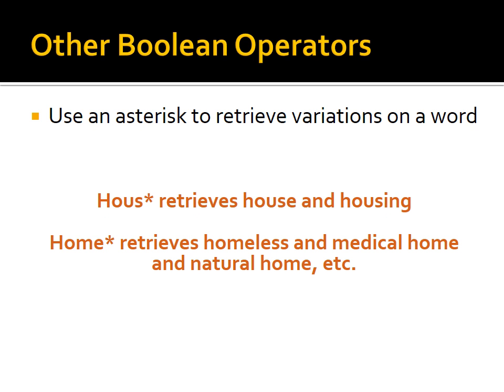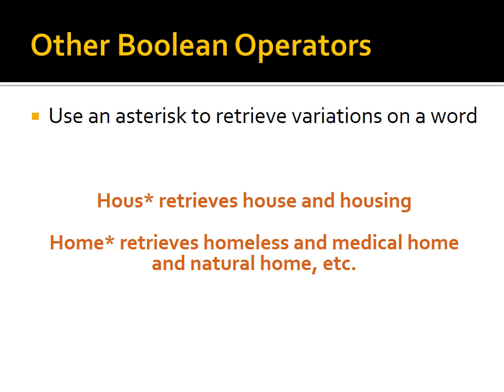Another way you could do this, and I indicated this slightly when I said I could turn the word slavery into slave, is that I could turn it into SLAV with an asterisk at the end. It retrieves variations on the words that you've used. So in this case, if I break house down, it's HOUS asterisk, and it's going to give me house and housing results. So I could expand my search and look for anyone who's mentioned either iteration of that word.